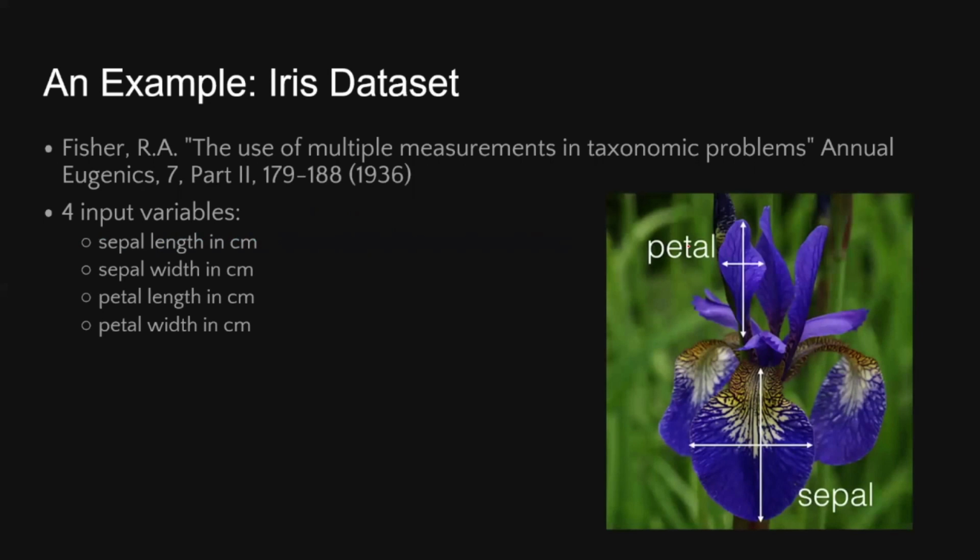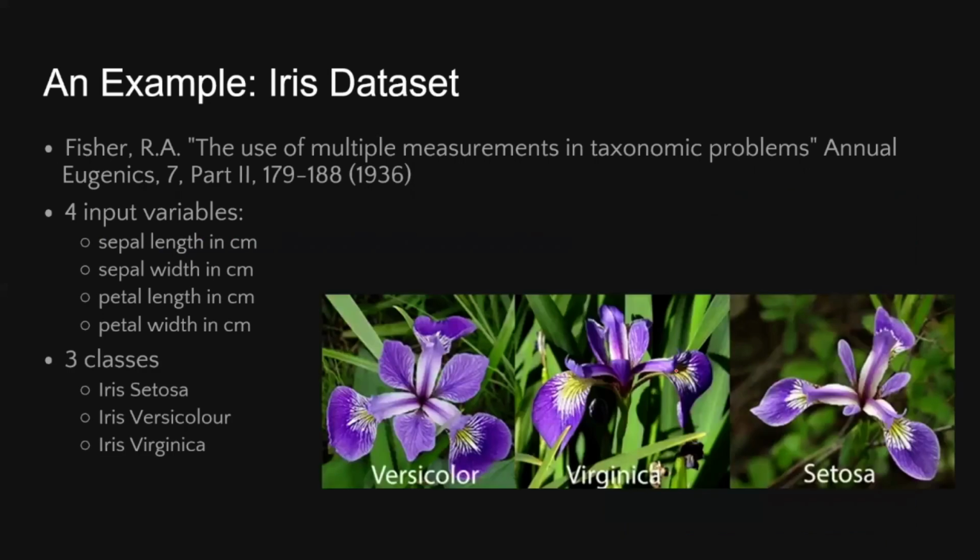So in this data set, there are 3 different classes of iris. Iris setosa is one species of iris. Iris virginica is another species, and then iris versicolor is another species of an iris flower.